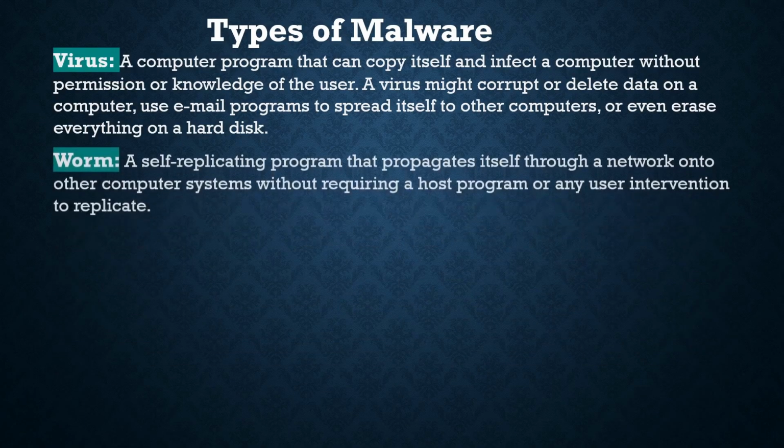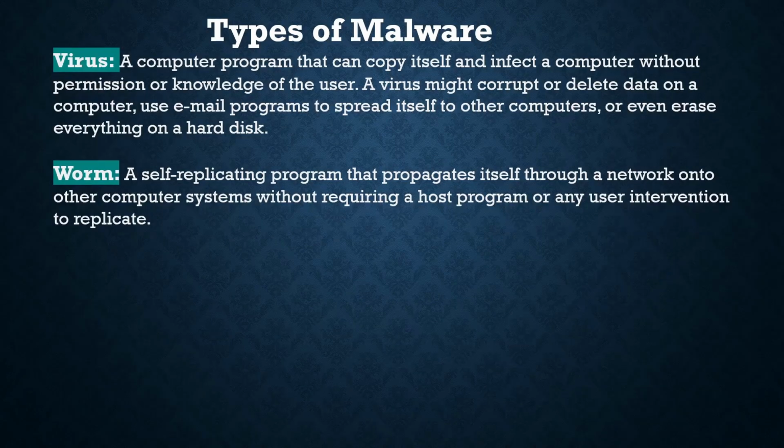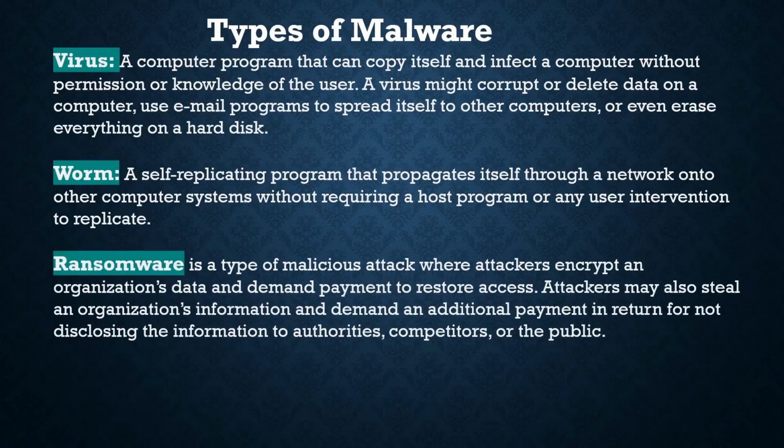Next is worm, a self-replicating program that propagates itself through a network onto other computer systems without requiring a host program or any other intervention to replicate. Third is ransomware. It is a very dangerous type of malware. It will encrypt your hard drive basically.